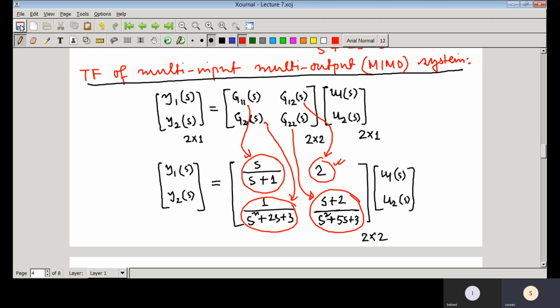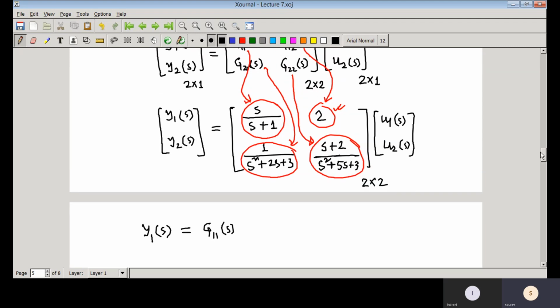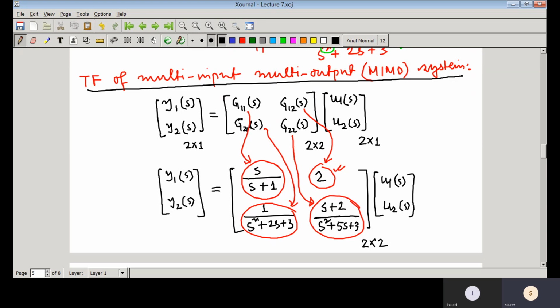So now you just apply that matrix algebra, and you can write it because all of them are in algebraic form. So you can write that Y1(s) equal to G11(s). G11 is this one. This is actually one example; I am writing it for general framework.